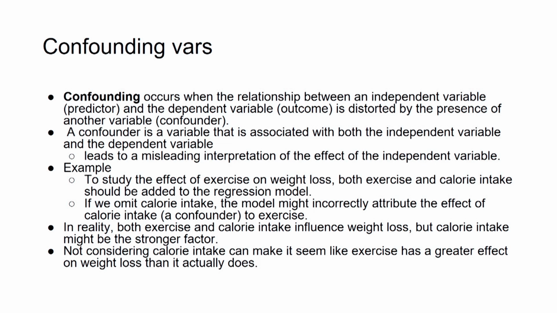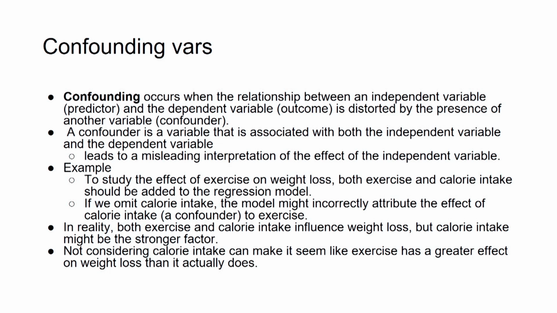So, we have one or more independent variables, and when we look at the relationship between one independent variable and the dependent variable, that relationship is distorted by another variable, and that variable is called a confounder variable.